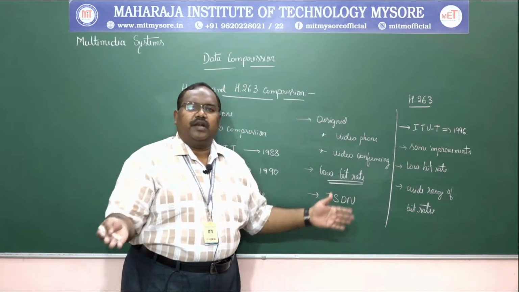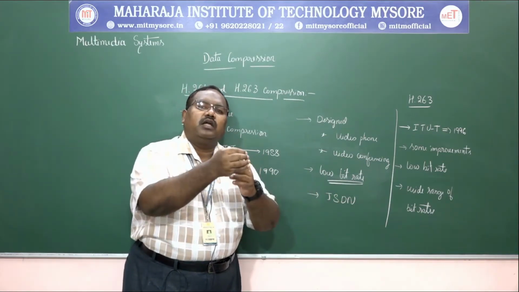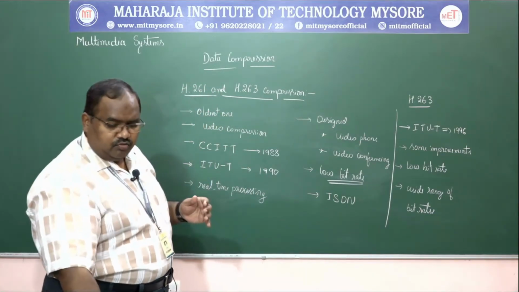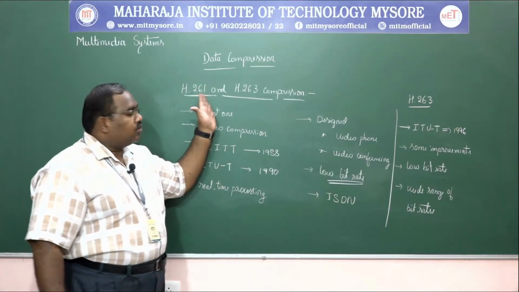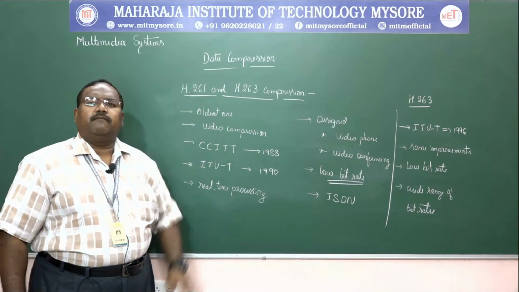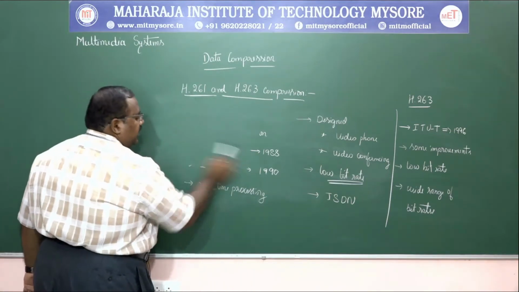Here we have a wide range of applications with respect to bitrate for compression of video data streams. This was about H.261 and H.263, and let us continue our discussion.